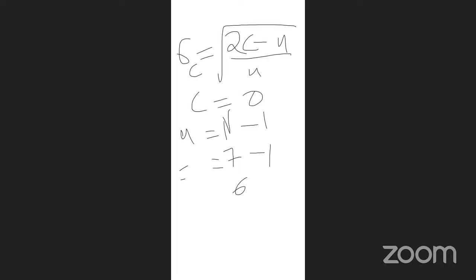Substituting, it is under root of (2 into 0 minus 6) divided by 6. Minus of minus is minus 1, so you have plus or minus 1. Your concurrent deviation is equal to 1. This is how you are supposed to work it out.